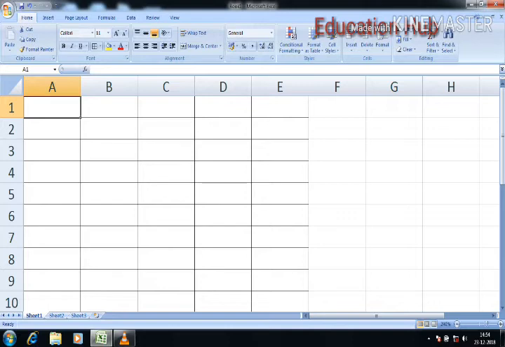Now let's start the topic. Our topic today is the financial formulas of MS Excel. Commerce students, and not only them but also other students and management students, need it very much.